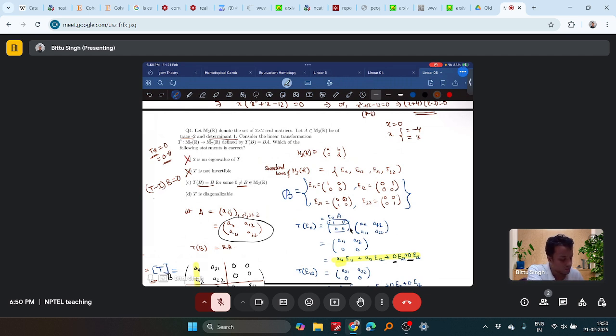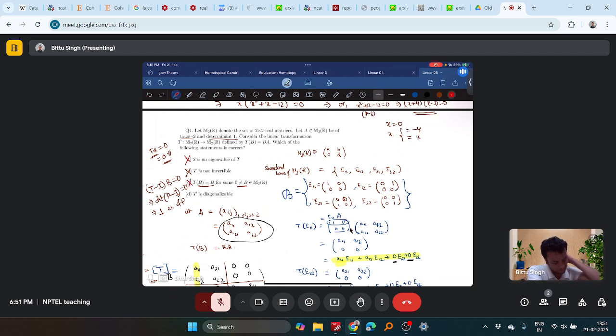That means the determinant of the operator t minus I is 0, which means the determinant of the matrix representation P minus I equals 0. And it means 1 is an eigenvalue of P, which is certainly false because we have seen -1 is the only eigenvalue. So this is also wrong.